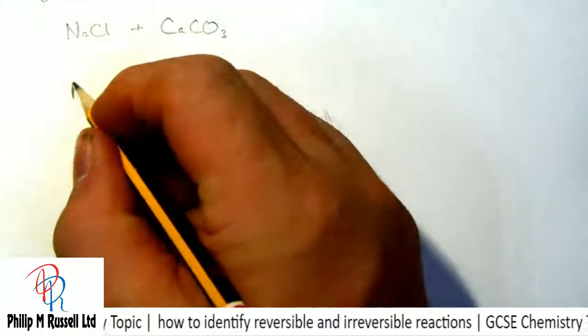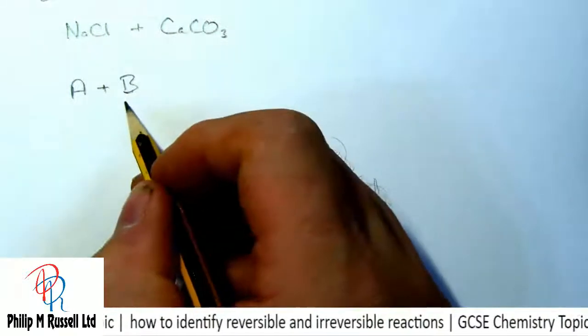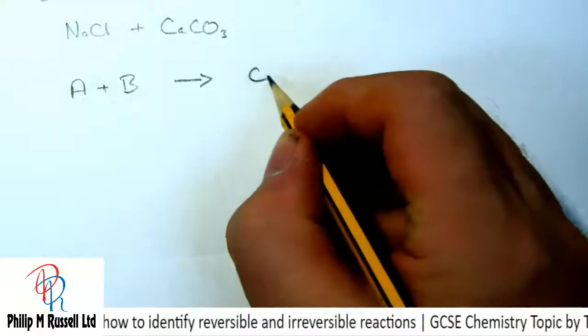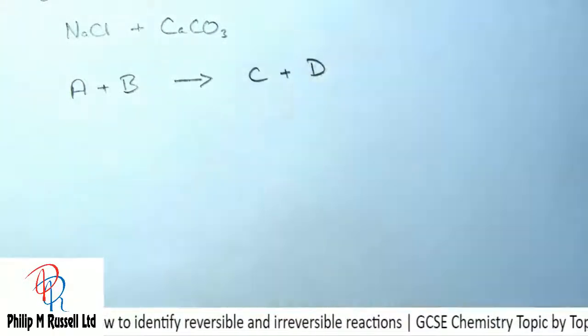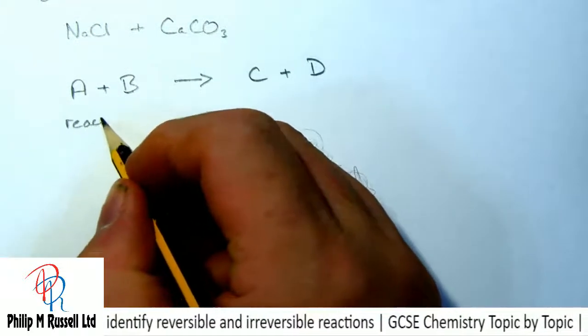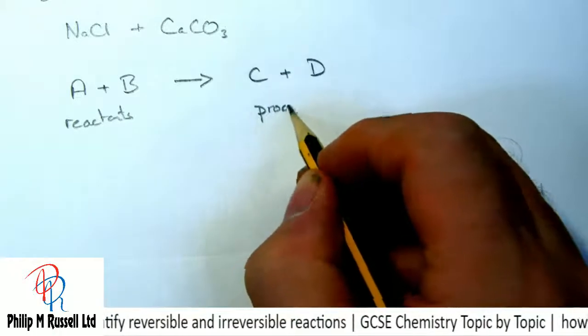So basically you take two chemicals, A and B, and you react them and they make some other chemicals, C and D. We start off with our reactants and we end up with our products.